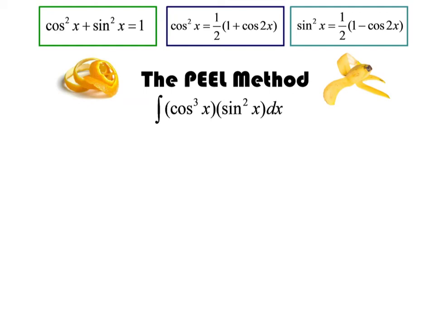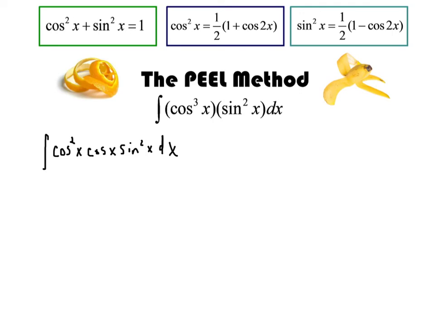Cosine cubed multiplied by sine squared. Again, we're looking to peel the one with the odd power, cosine cubed. So let me start with that. Let me rewrite this as cosine squared multiplied by cosine multiplied by sine squared. Now I want to get this down to have one. I don't want both cosine squared and sine squared.